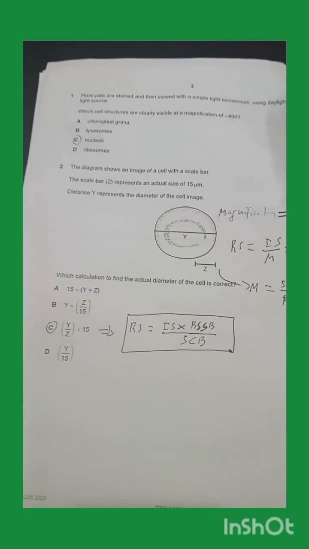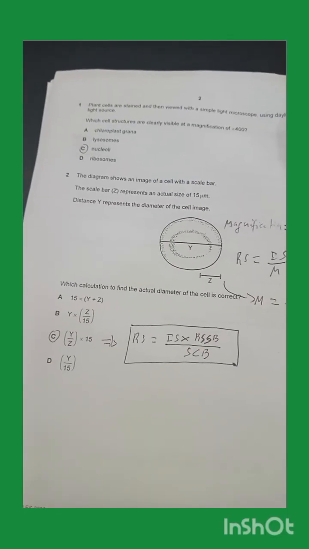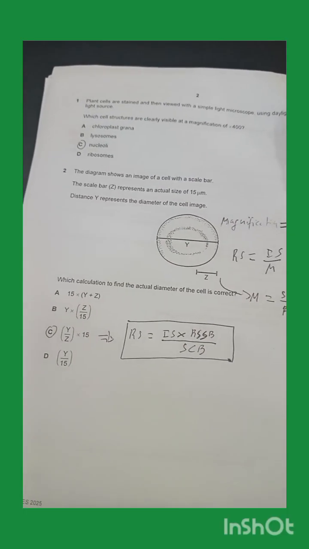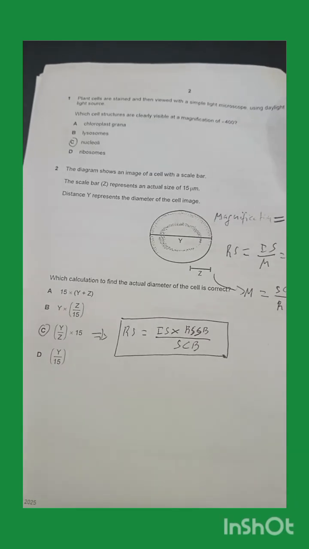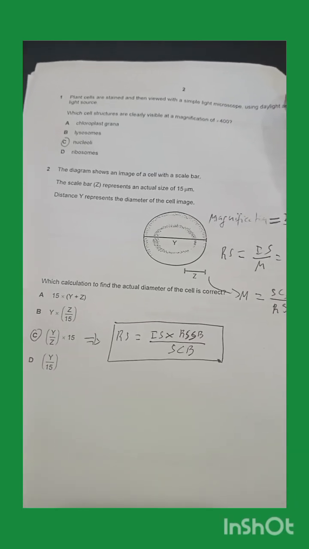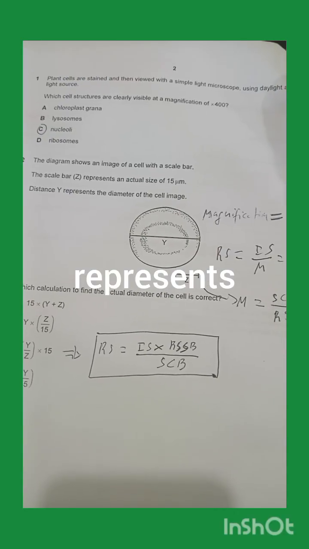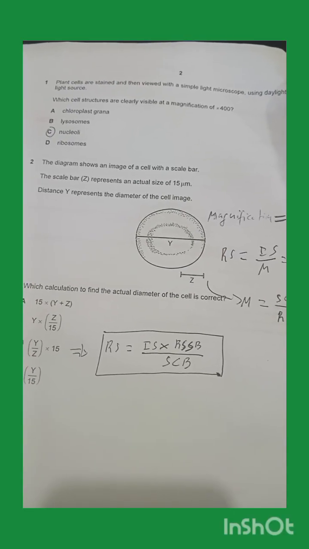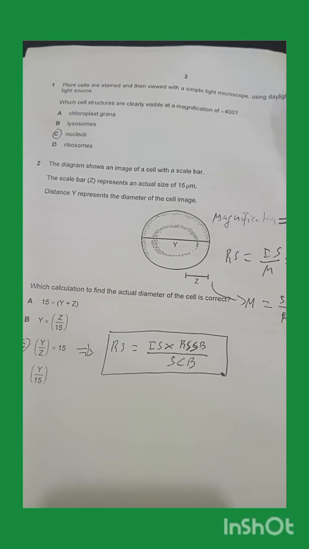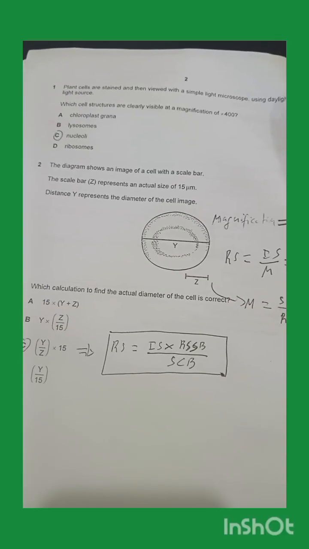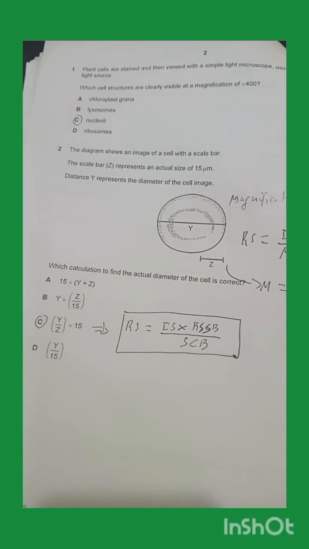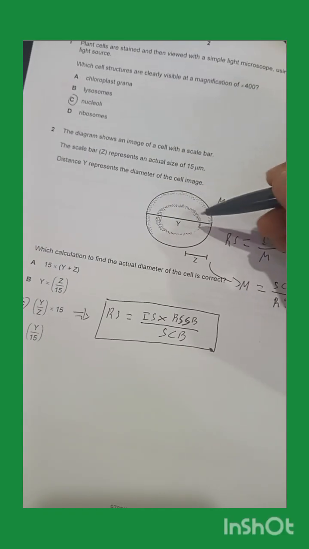Number 2. The diagram shows an image of a cell with a scale bar. The scale bar Z represents an actual size of 15 micrometers. Distance Y represents the diameter of the cell image. So this is what you see here.